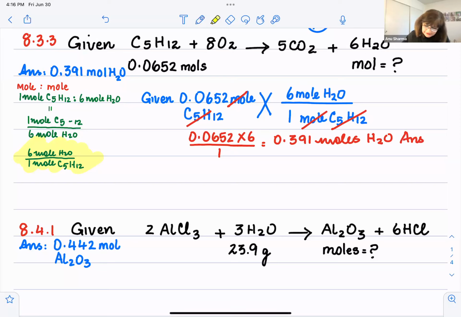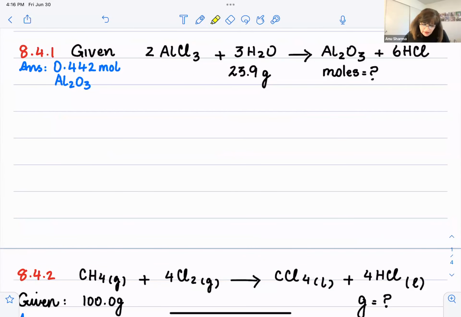All right, next we're going to look at the next one. You are given a reaction in which aluminum chloride is reacting with water and it's giving you aluminum oxide and HCl. So here we are trying to find the moles of HCl when you are given the grams of water. So moles of Al2O3, aluminum oxide, we're going to find, and we're given the grams of water.